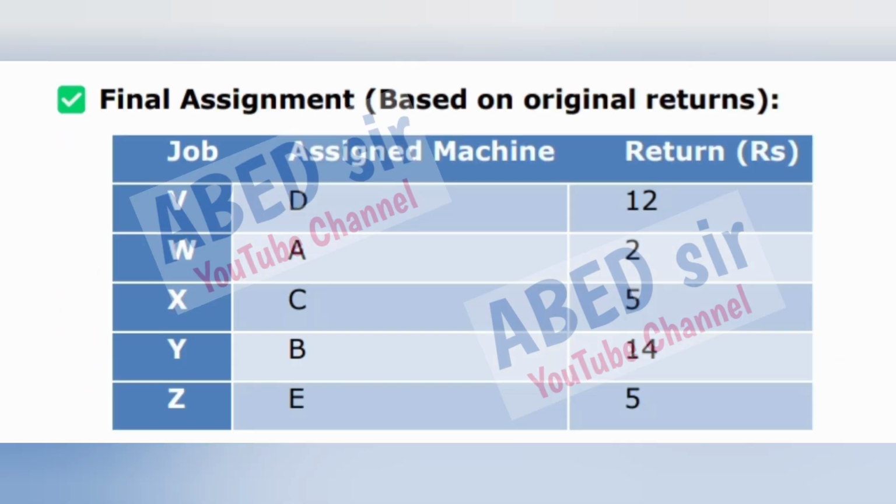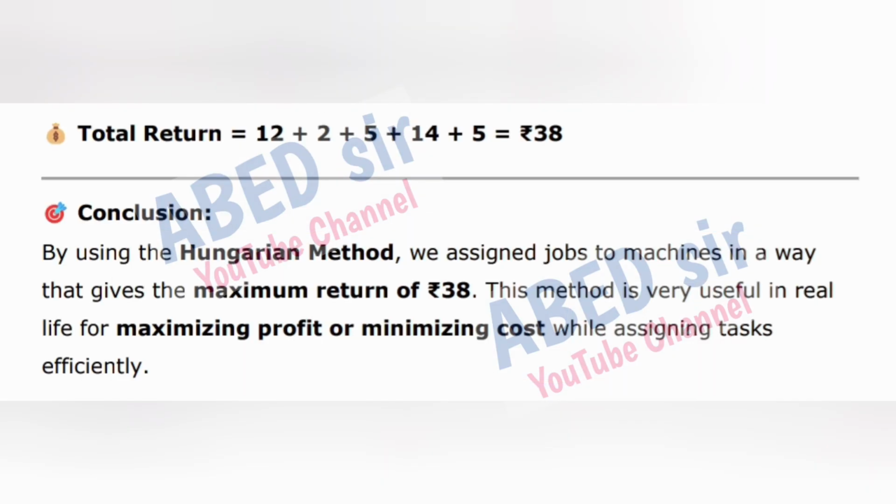Final assignment based on original returns. Job, assigned machine, return in rupees: V-D 12, W-A 2, X-C 5, Y-B 14, Z-E 5. Total return is equal to 12 plus 2 plus 5 plus 14 plus 5, which is 38 rupees.